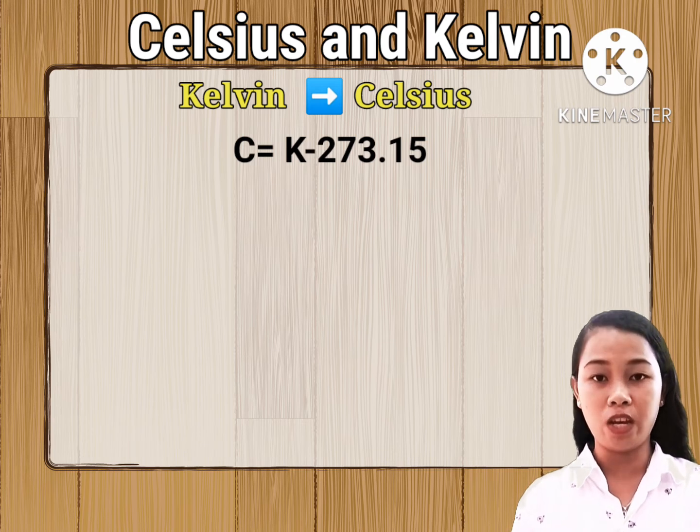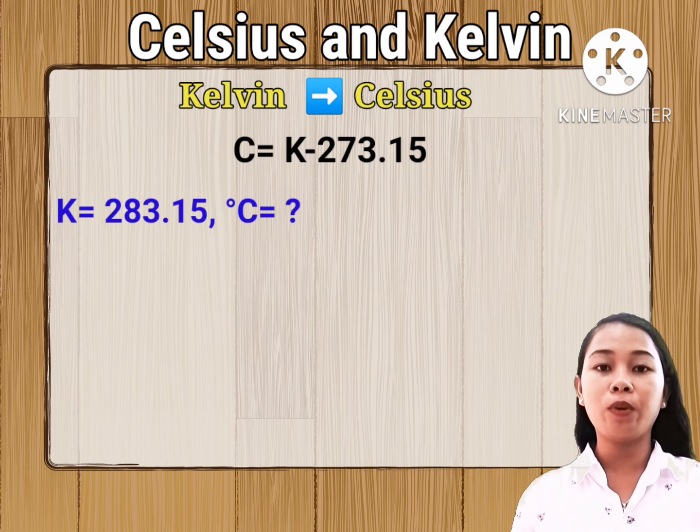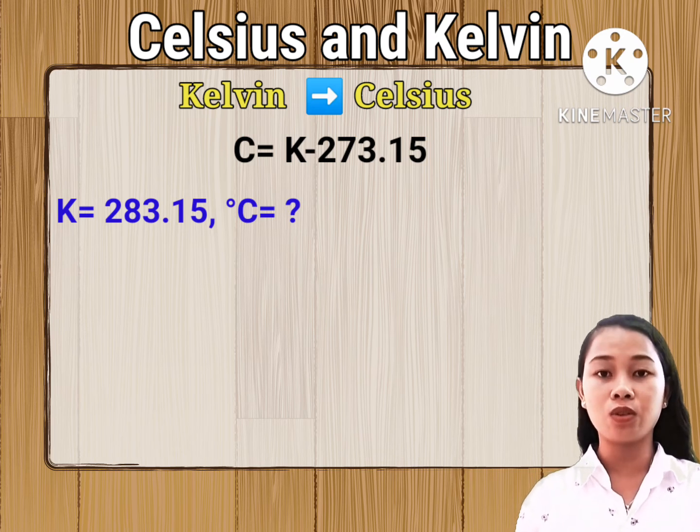Therefore, 10 degrees Celsius is equivalent to 283.15 Kelvin. How about the vice versa, from Kelvin to Celsius? We will use the formula C is equal to K minus 273.15. For example, if we have 283.15 K, what is the equivalent in degrees Celsius?